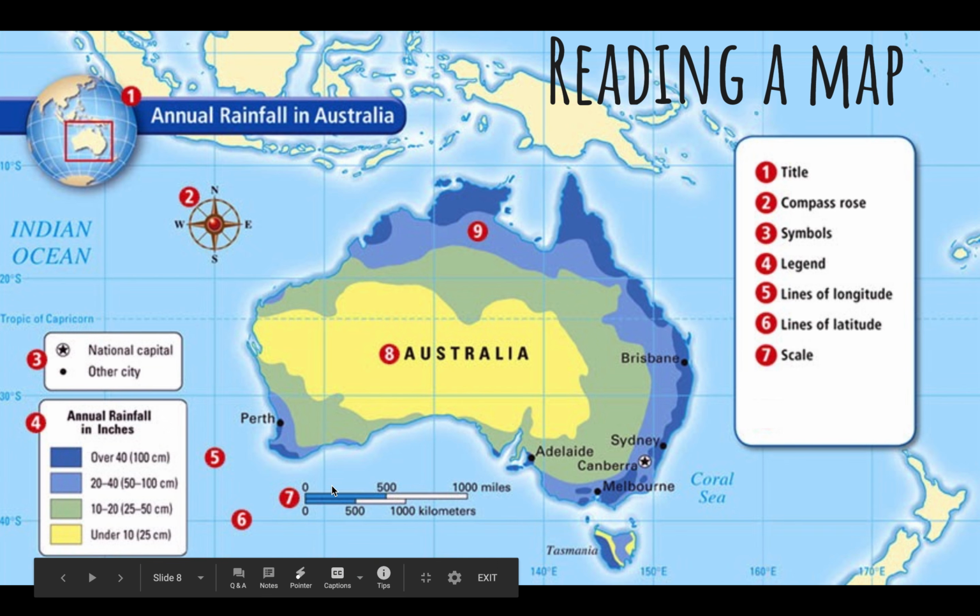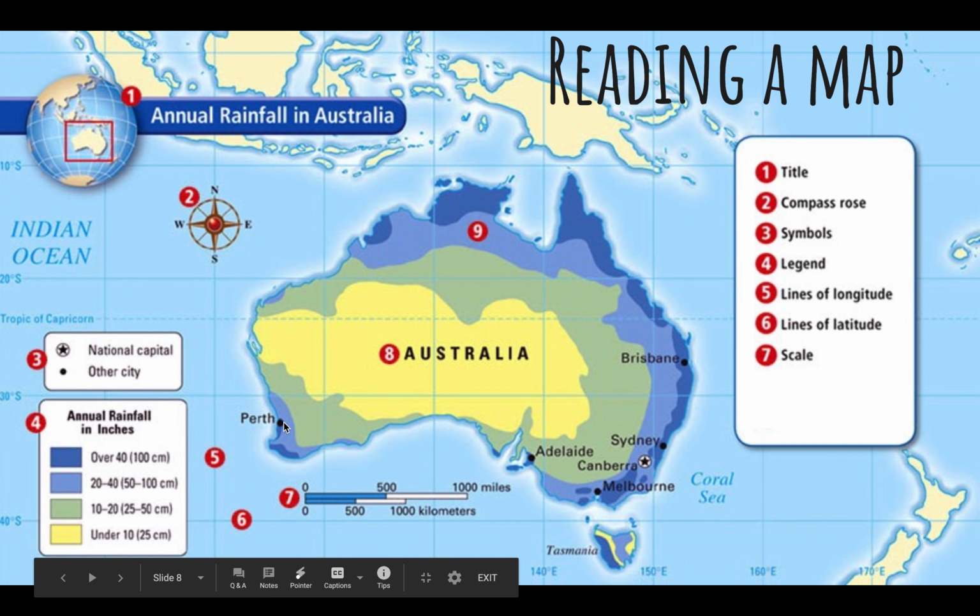7 is the scale. Okay, so the scale tells us, from this point, let's start from 0 here, right? So this is the measurement of distance, right? The scale gives us a measurement in distance, saying that this little blue bar right here equals 500 kilometers.